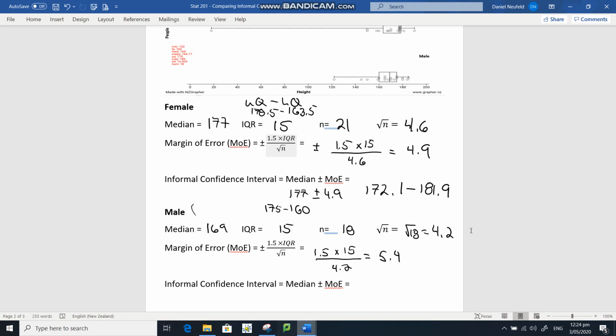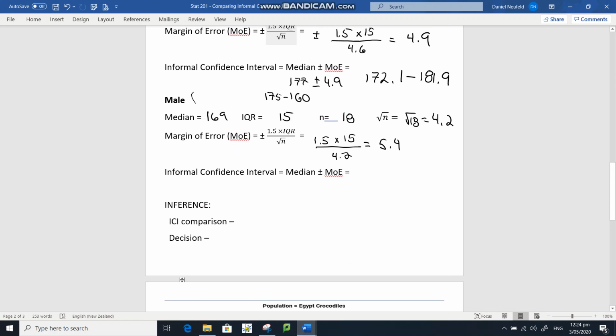Informal confidence interval. Again, we're going to check. So the median was 169. We're going to add plus and minus 5.4. So on the plus side, that's 174.4. And on the minus is 163.6.